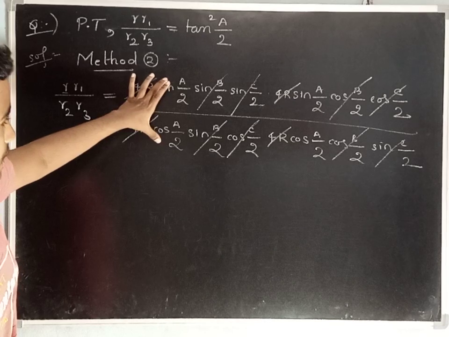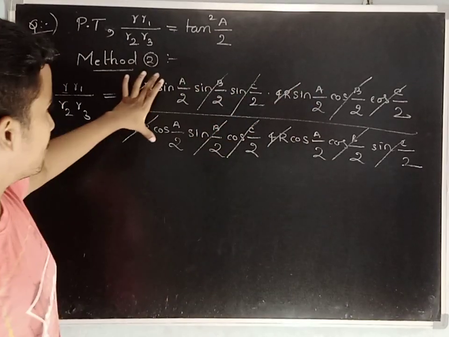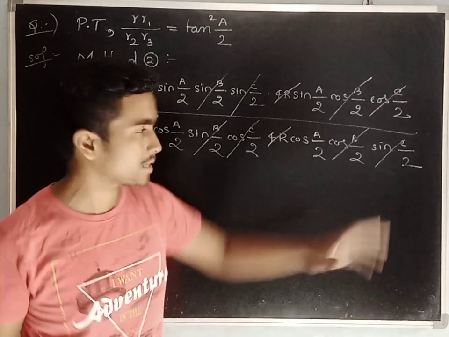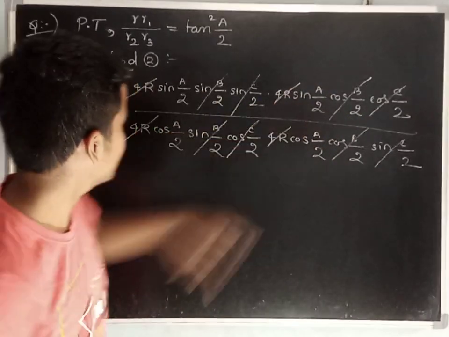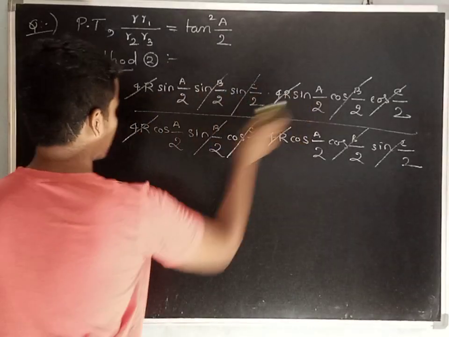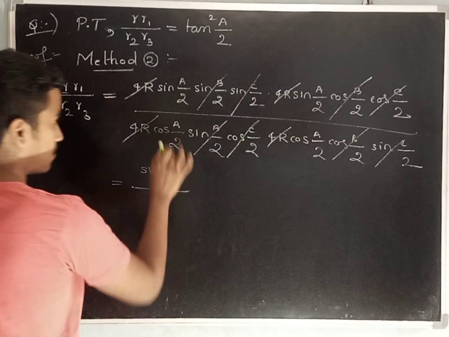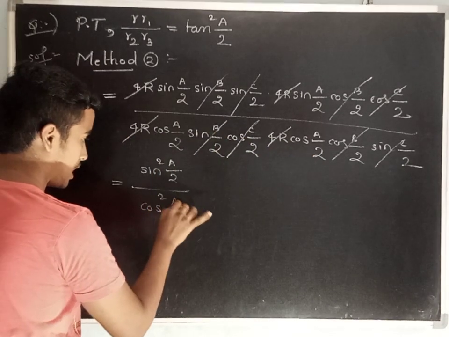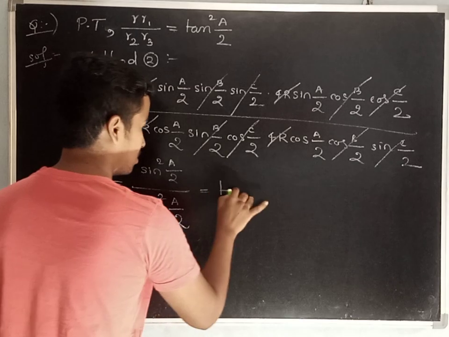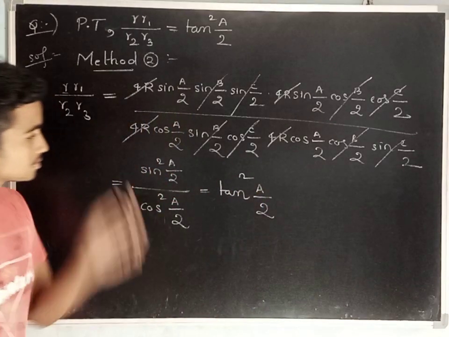Finally what remains is sin A by 2 by cos A by 2, sin A by 2 by cos A by 2. Sin A by 2 by cos A by 2 is nothing but tan A by 2. Similarly, it is tan A by 2. Sin A by 2 into sin A by 2 is sin square A by 2, by cos A by 2 into cos A by 2, cos square A by 2, which is equal to tan square A by 2.